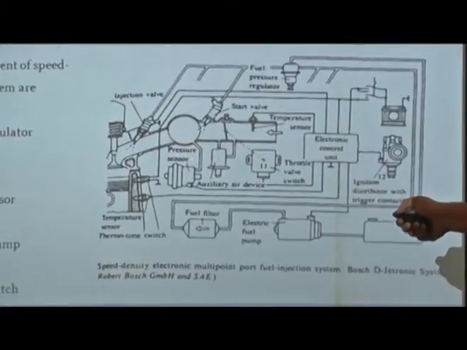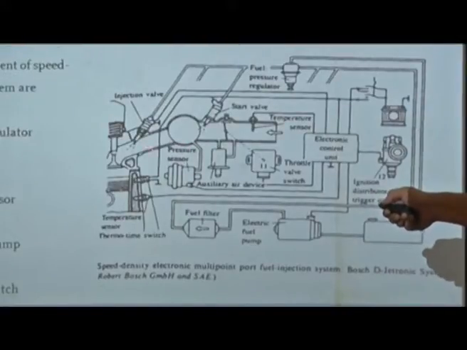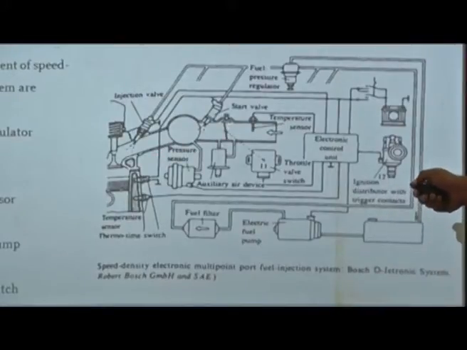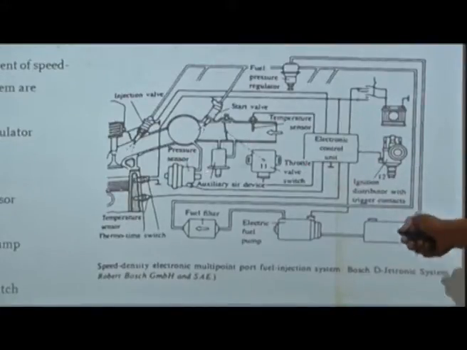Then this is the pressure sensor. In the manifold this pressure sensor will tell what is the pressure in the manifold. So, using the pressure, using the throttle valve position, using the temperature, and using the speed of the engine, it will calculate how much air is going into each cylinder.